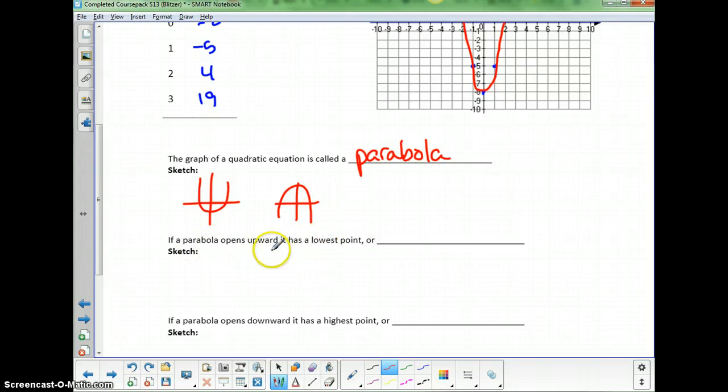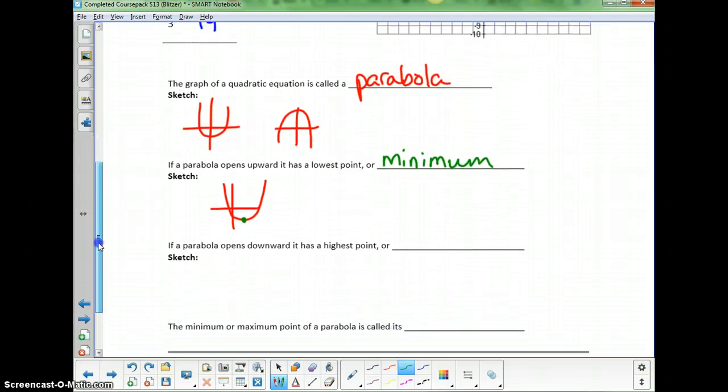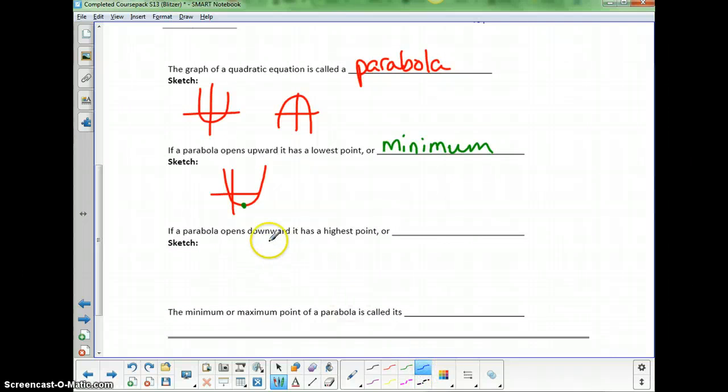If a parabola opens upward, so opens upward is this case, then it has a lowest point or minimum, and if a parabola opens downward, okay, so opens downward is this case, then it has some highest point or maximum.